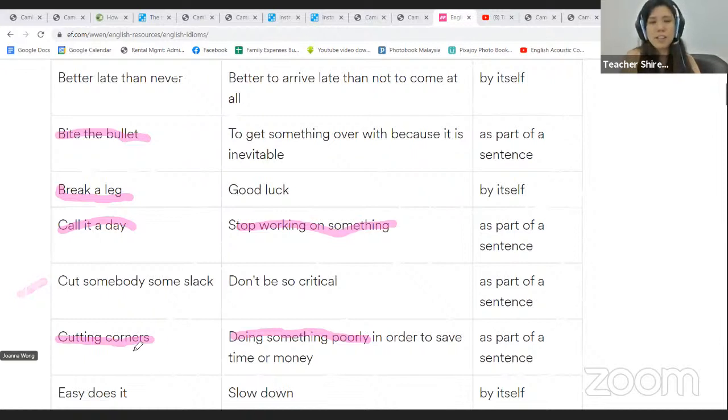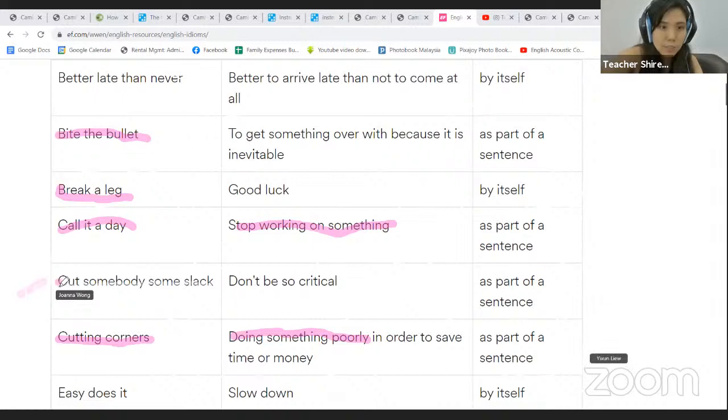Means that I paid a lot for them to do my house nicely, but then they are cutting corners. Means they are not doing it properly. It's like the house becomes half collapsed, or for example, I wanted to paint black and white stripes. They just color everything white. That is called cutting corners.